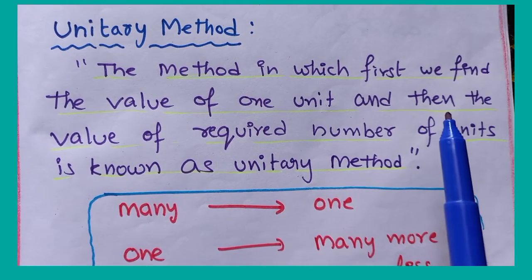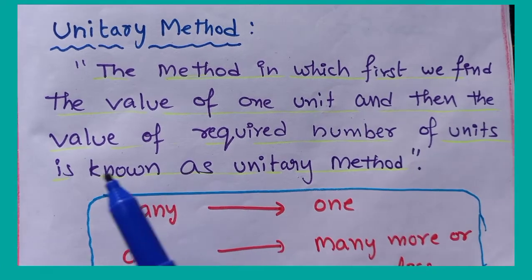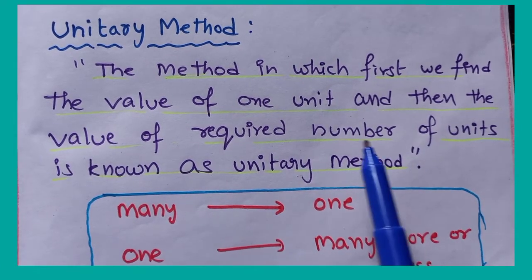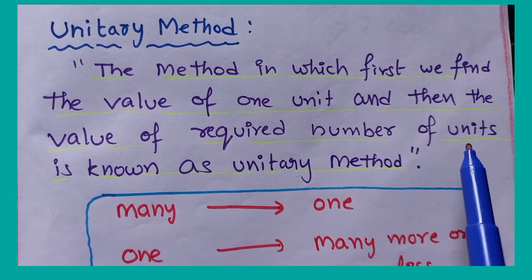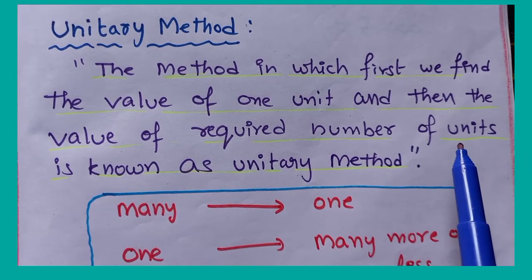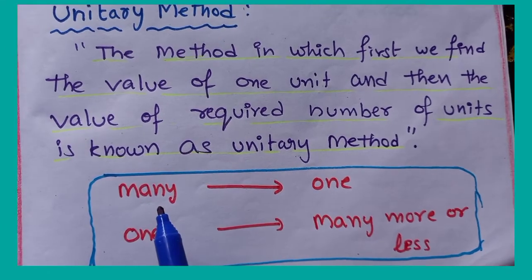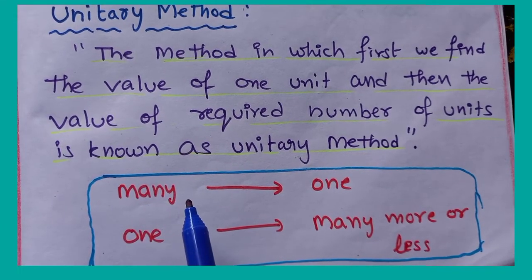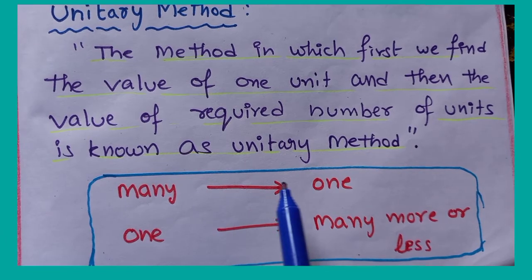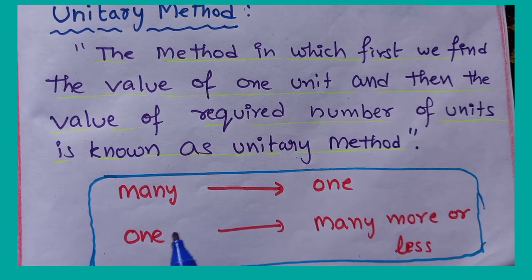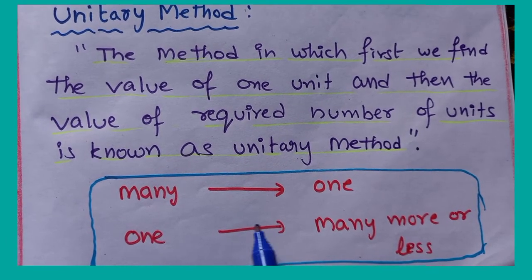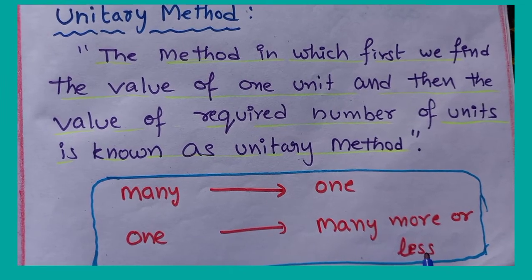That means, simply, if we know many numbers, we have to find the one number. After that, from one number to many more or less.